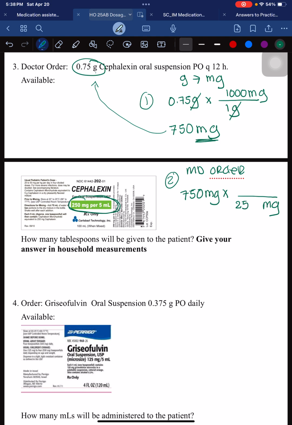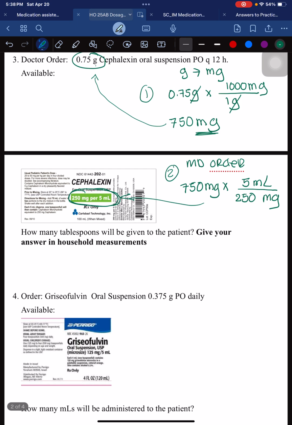I would multiply across and then I would divide. 750 times 5 would give me 3,750 mg, crossed out. Then 3,750 ml divided by 250. Okay, that will give me 15 ml.